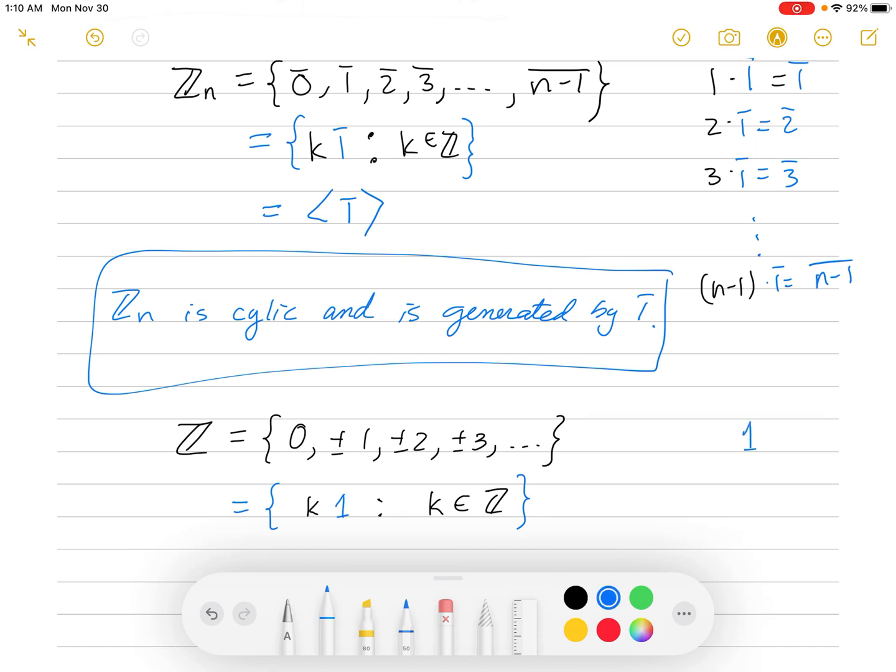So think about it. Let's take the number 1. How do I get the number 0? What do I have to multiply 1 by? Well, I multiply by 0. 0 times 1 gives me 0. Then let's say I want to get the number 1.